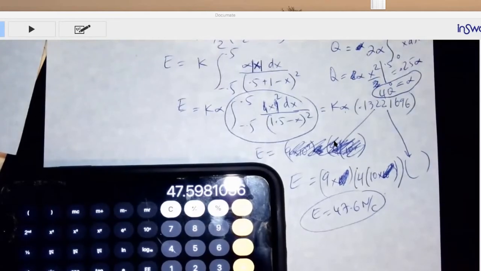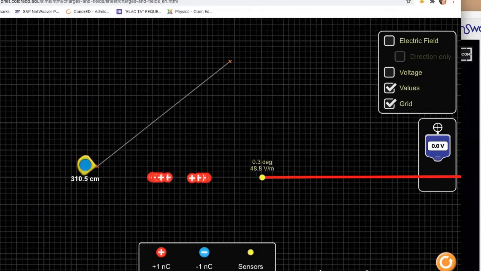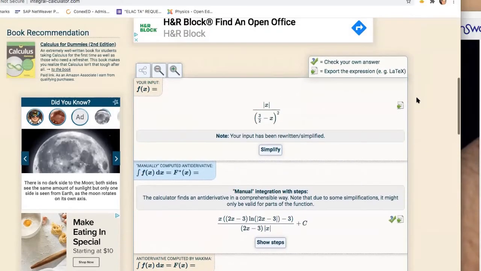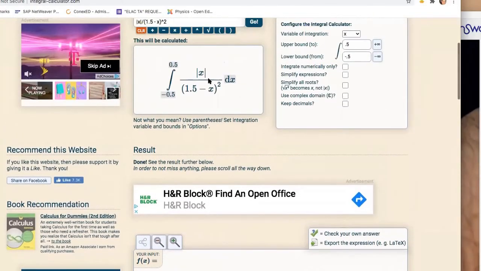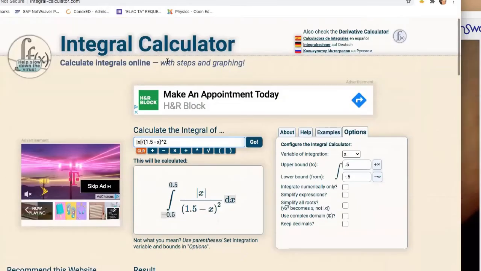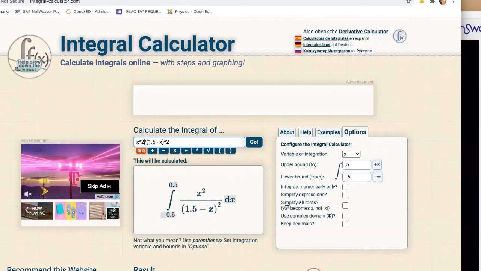So then we would go to Wolfram. This one I don't need to put absolute value because x squared is always positive.